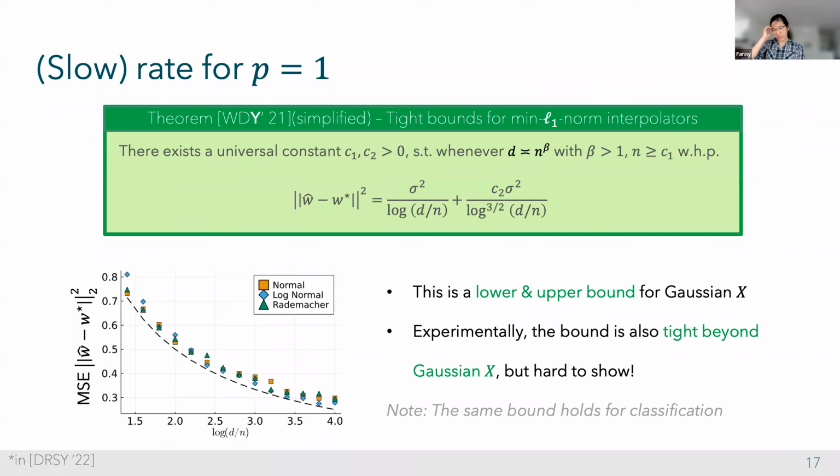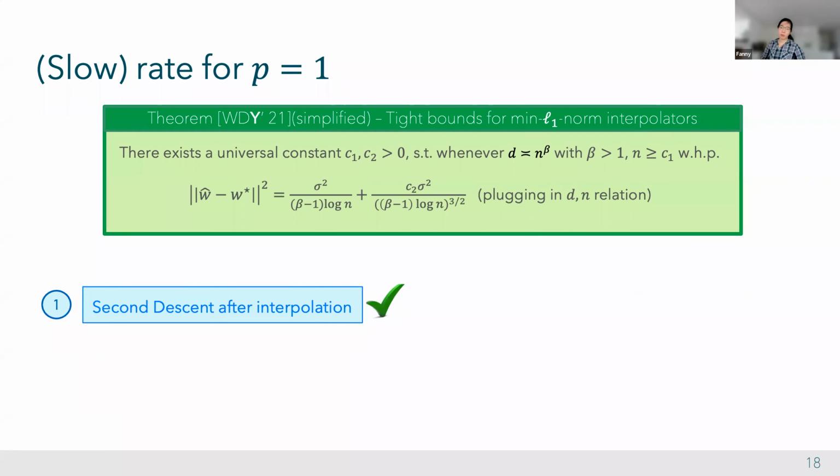So now if we go back to our original question with the two observations, were we able to show them? If we plug in d equal to n to the beta, here I plugged it in, you get 1 over beta minus 1 times log n as the rate.